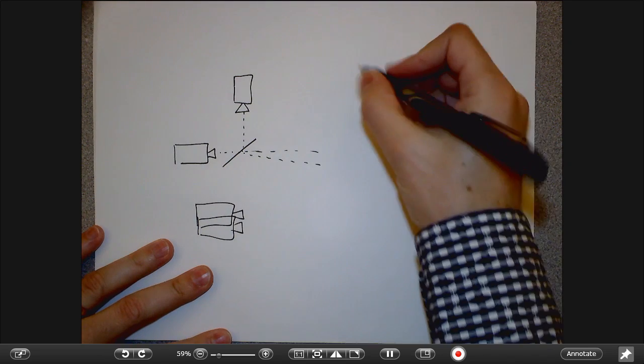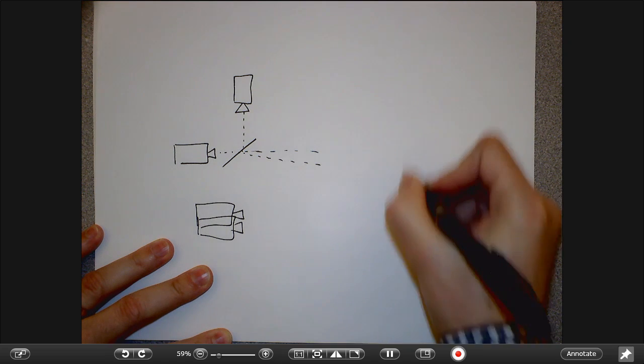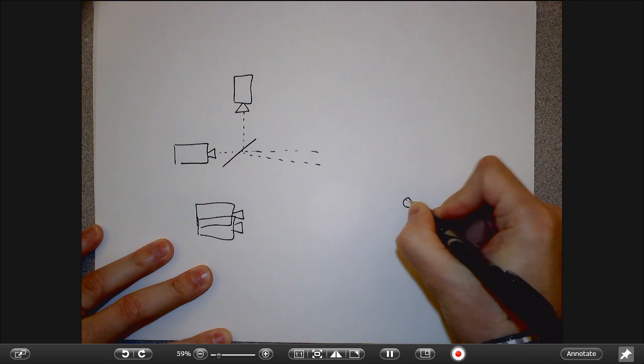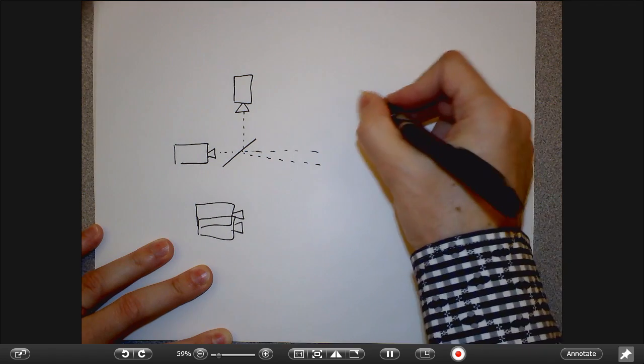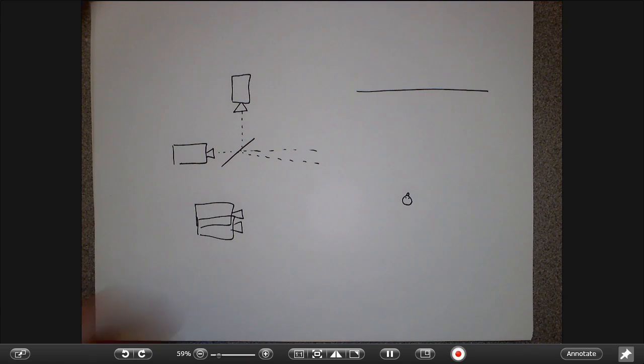So basically, if you think about this, here is you with your eyes, right? And here's the movie screen. The concept of stereo is that you want to make stuff appear like it is either deeper into the movie screen or coming out of the movie screen at you, right?